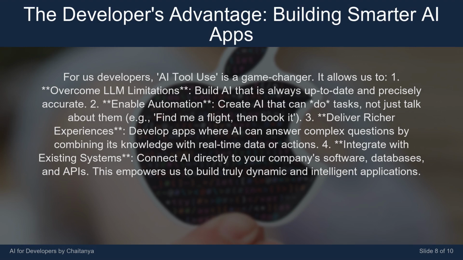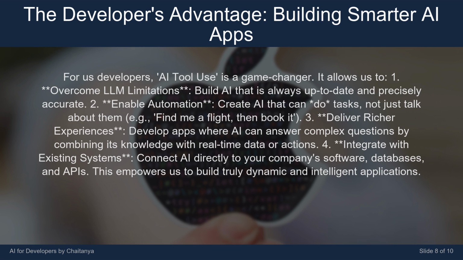For us developers, AI tool use is a game changer. It allows us to: 1. Overcome LLM limitations. Build AI that is always up to date and precisely accurate. 2. Enable automation. Create AI that can do tasks, not just talk about them. E.g., find me a flight, then book it. 3.